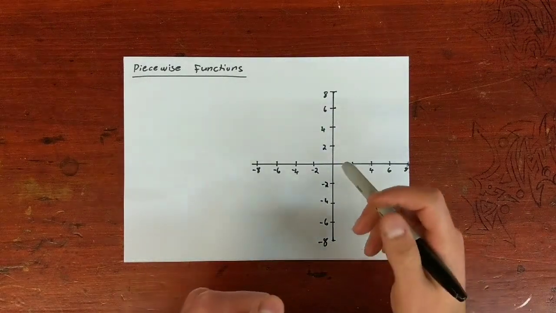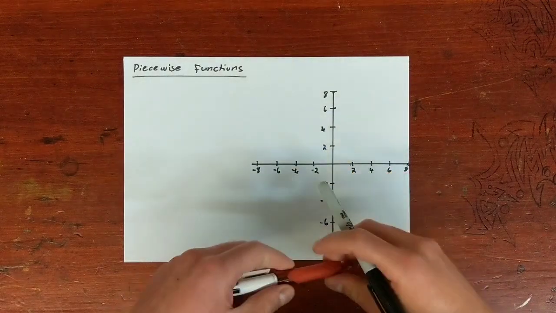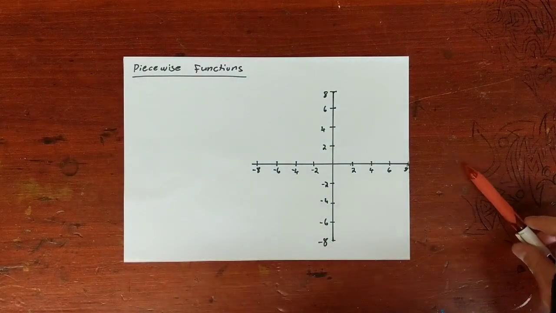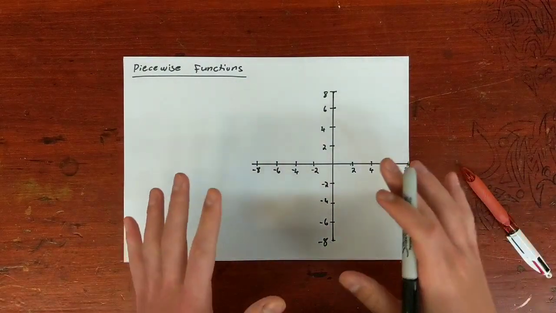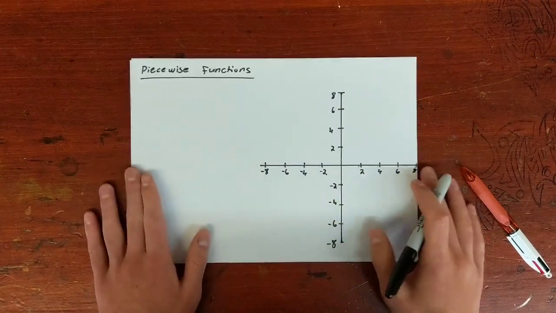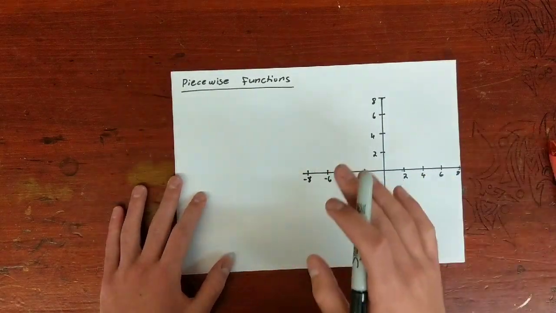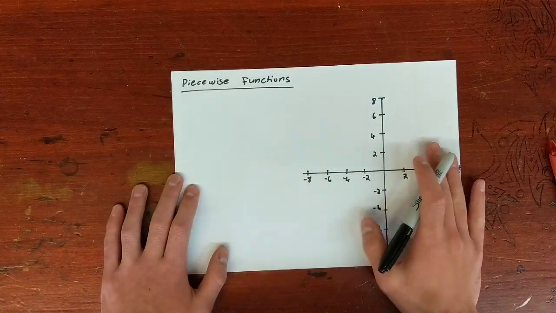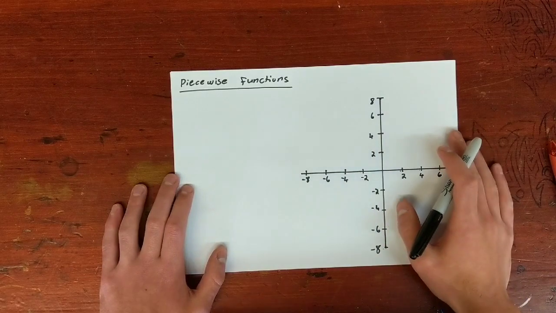Hello everyone, we are moving on to our next topic, which is piecewise functions. This is not really anything new on top of what we've done, it's just presenting it in a slightly different way. Over the last few weeks we've been talking about linear equations and graphing them.